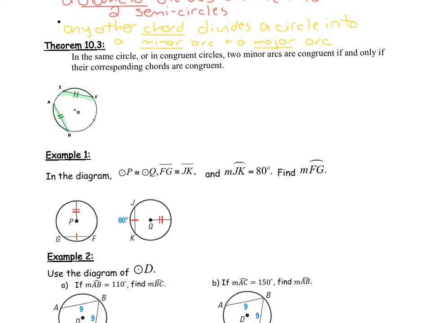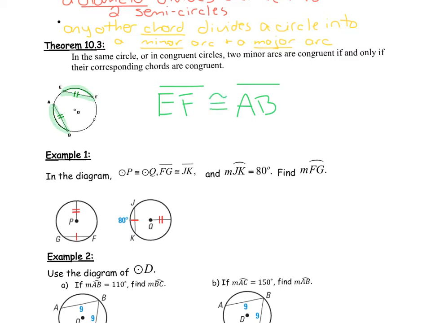Chord EF makes an arc EF right here, and chord AB makes arc AB here. We can also see the tick marks on EF. Because we have tick marks on EF, we also have tick marks on AB. Those tick marks, remember, mean they are congruent.